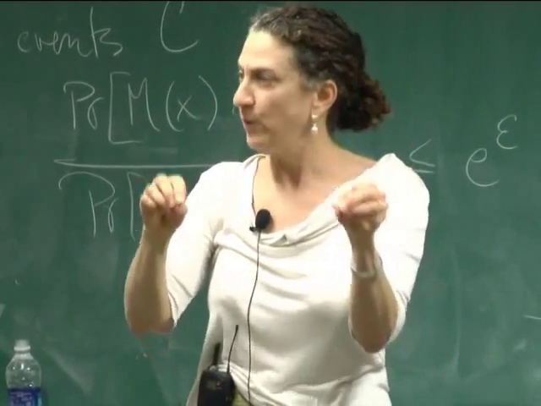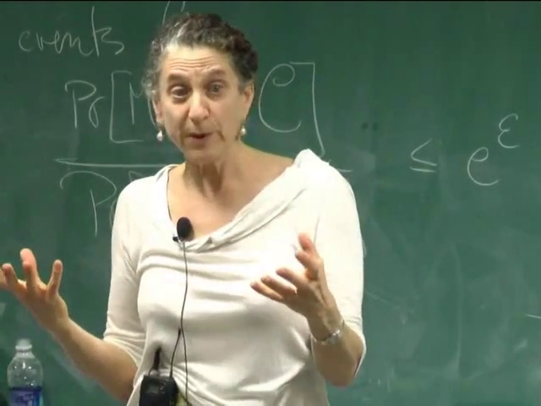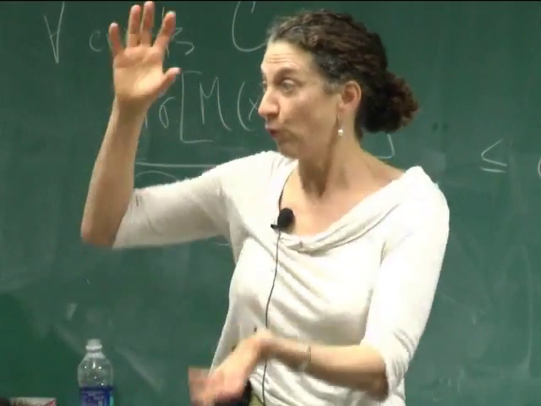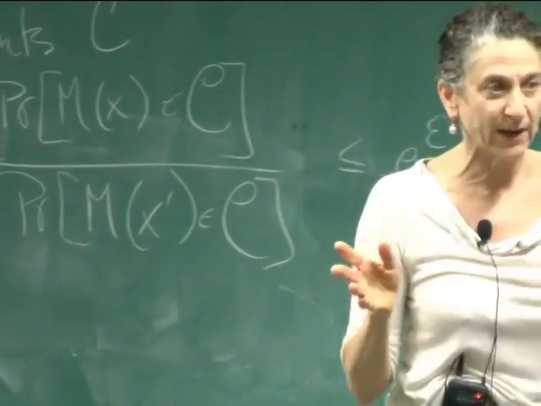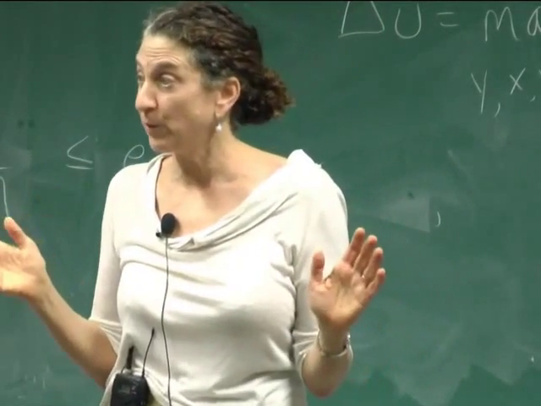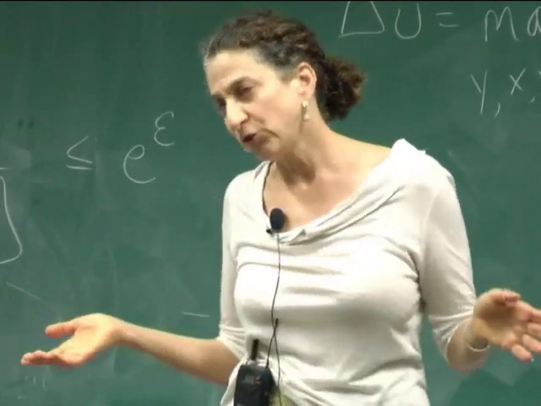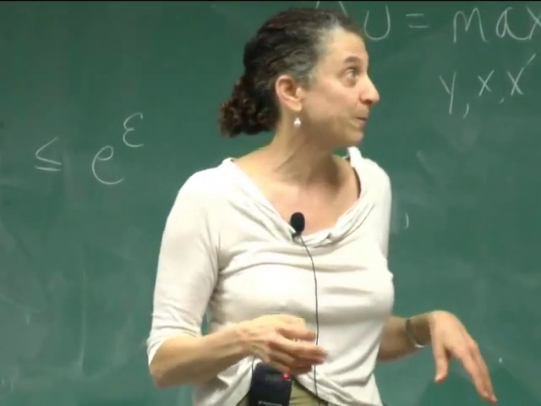What fraction of people in the database satisfy property P? If you know the number of people in the database, you can go back and forth between the two easily. And using the Laplace mechanism, we can easily find out an approximation to the number of people in the database. So we'll use fractional queries whenever it's easier for us. And here's a case where it's going to be easier.